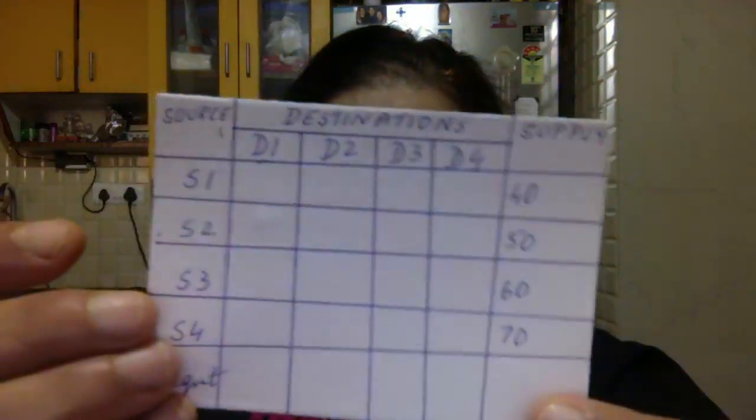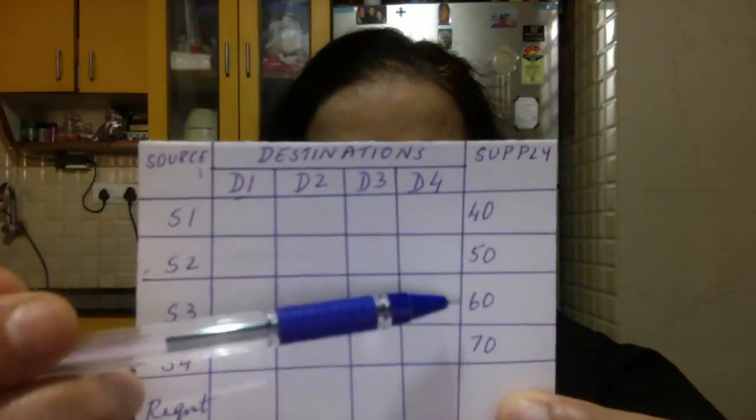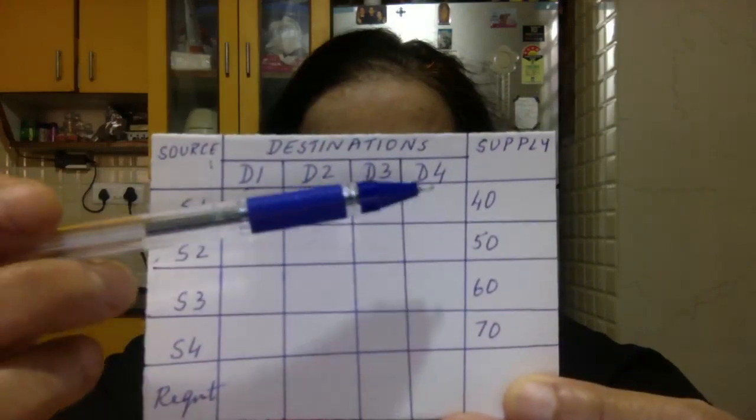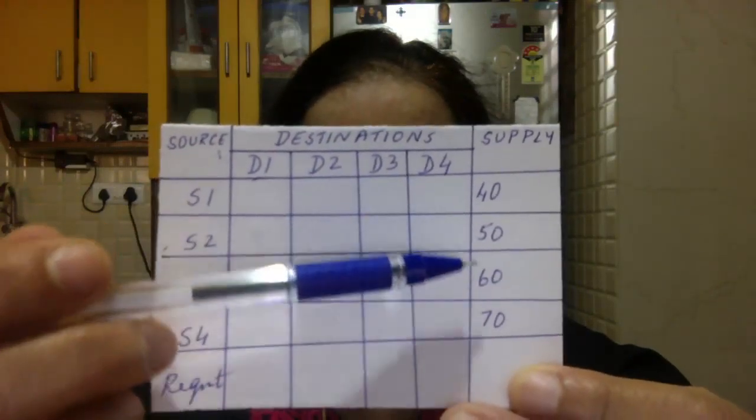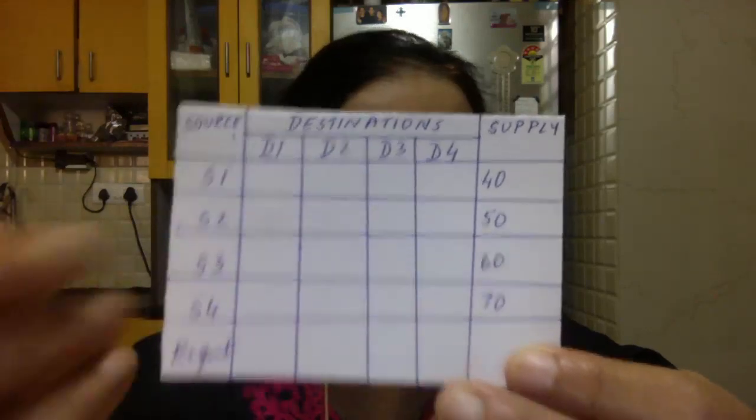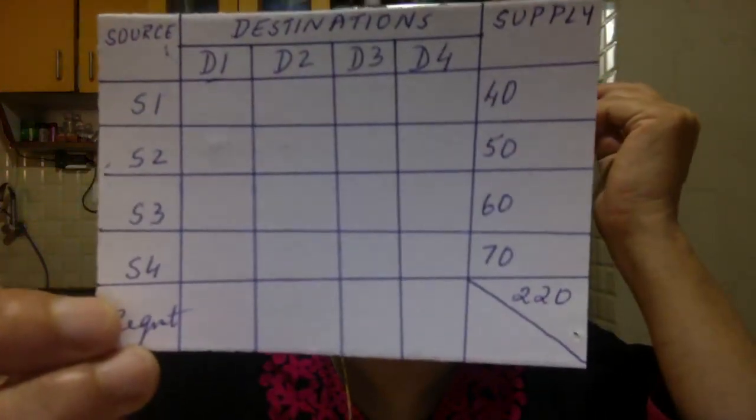So I will give here for supply: 40, 50, 60, 70, and the total will be 40 and 50 is 90, 90 and 60 is 150, 150 plus 70 is 220. So the supply will be 220.